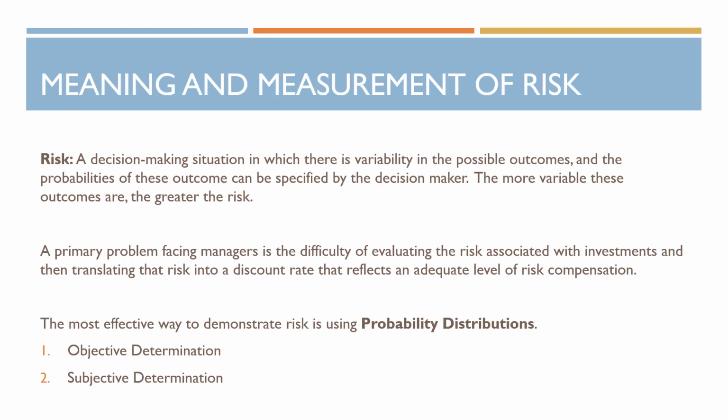Now we have talked about how marginal analysis is considered in economics, and also how we define net present values and returns. Risk is basically another big topic in managerial economics.